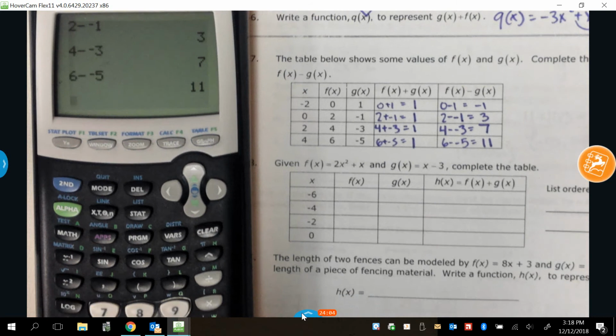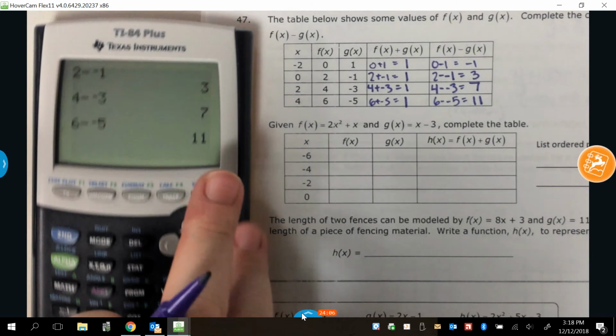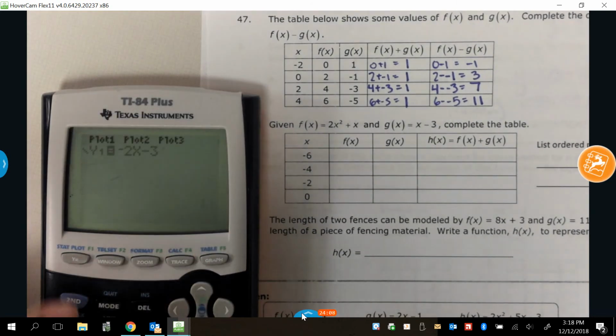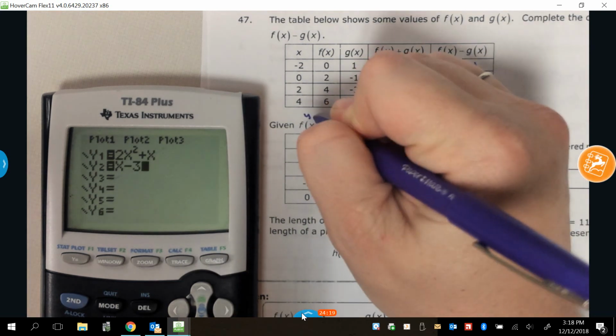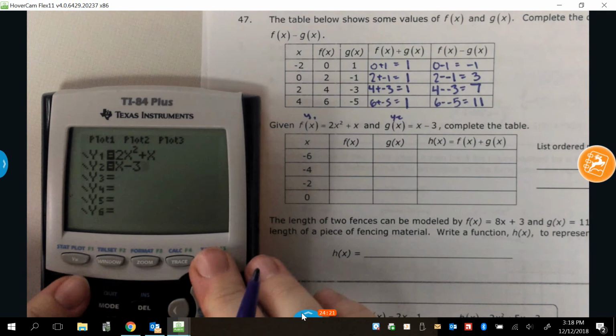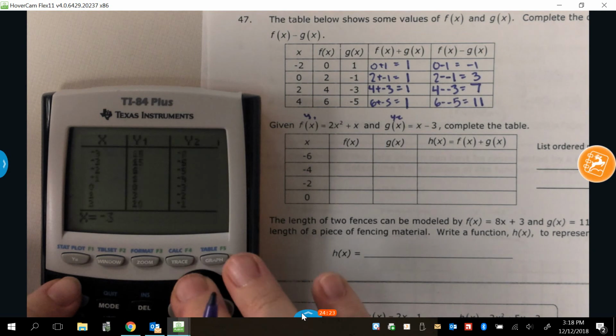Now it says, given f of x is 2x squared plus x, and g of x is x minus 3, so this is in y1, this is in y2. Let's fill in these parts of our table.